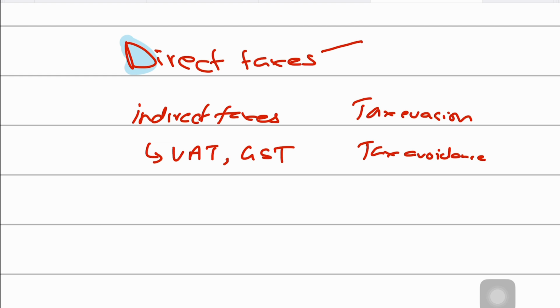Also, the administration of indirect taxes is comparatively easy, because they are easier to administer and enforce compared to direct taxes. Tax collection can be automated at the point of sale, which reduces the compliance costs and administrative burdens for not only the taxpayers but the tax authorities as well, if you automate the entire tax collection process at the point of sale.